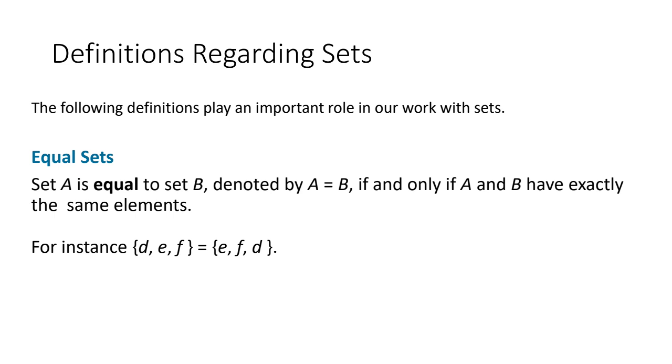The order doesn't matter. For example, the set that contains D, E, and F is equal to the set that contains E, F, and D. Each one has exactly 3 letters and it's exactly the same letters. If I had switched one of the letters for A, then they wouldn't be equal.